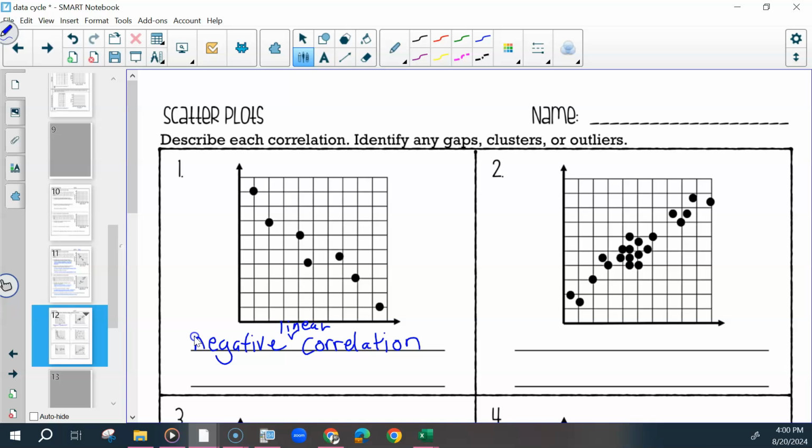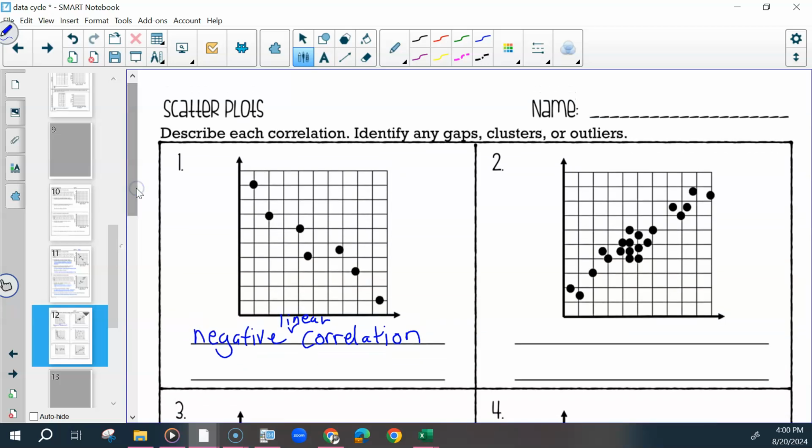So a negative linear correlation, and that would describe everything there. In this one, if I'm looking at gaps, clusters, outliers, none of this is really clustered together. It looks like there's gaps, but they're evenly spaced, so not really. And there's no real outlier. So that's just a negative linear correlation.